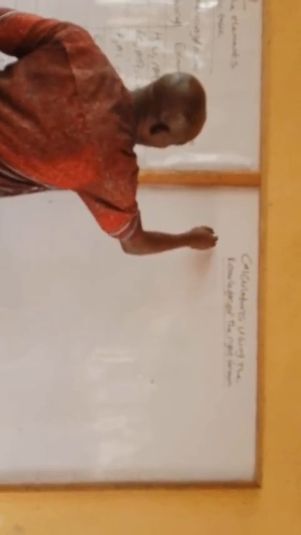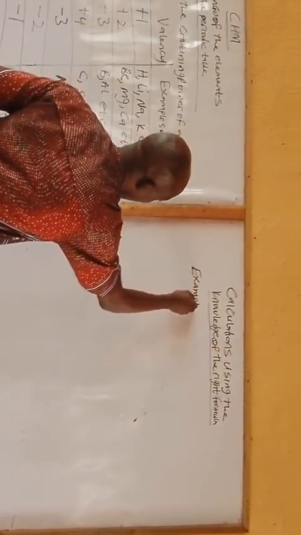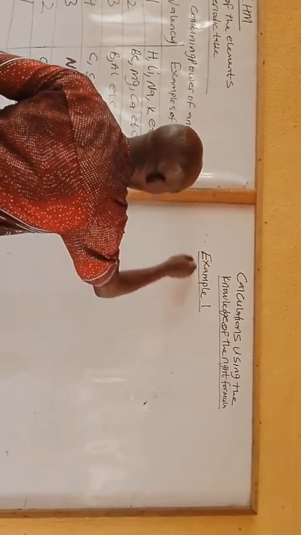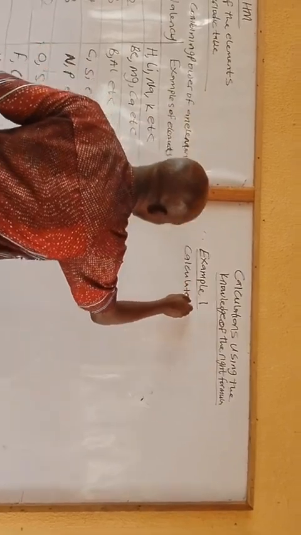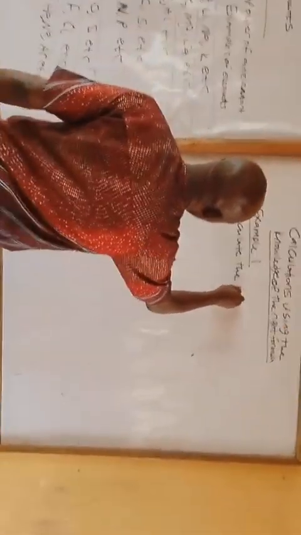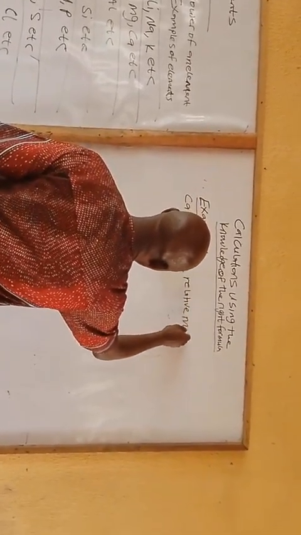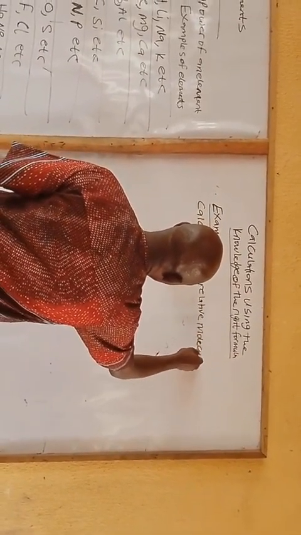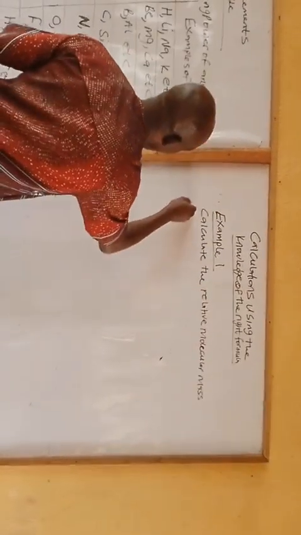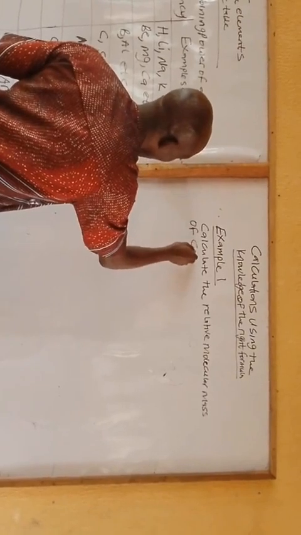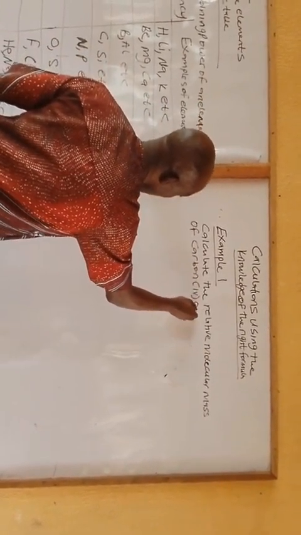Example 1. Calculate the relative molecular mass of carbon 4 oxide.